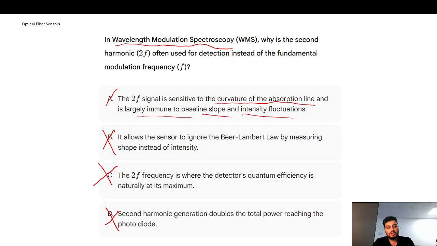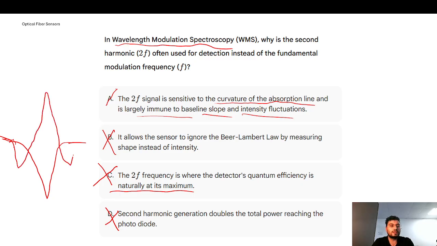It's not like that. Whatever the detector is detecting will be like an absorbance peak only. That's not correct. But whatever we are getting, we need to convert it into SHG, something like this.